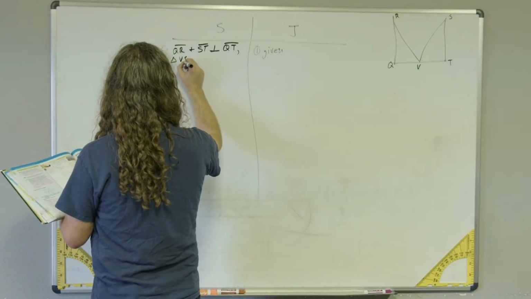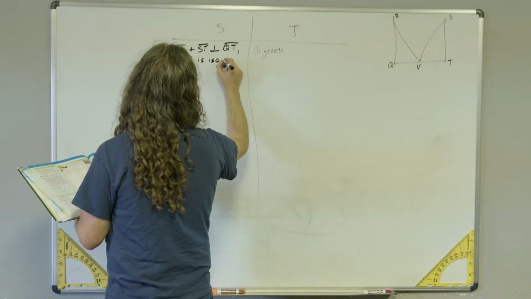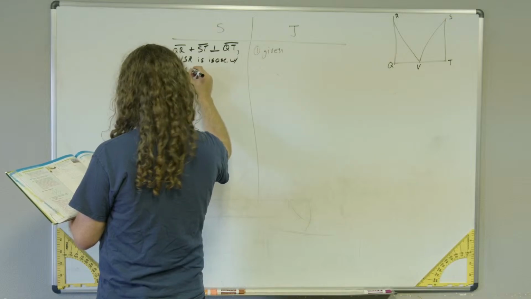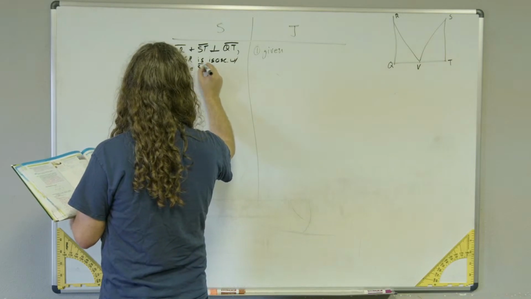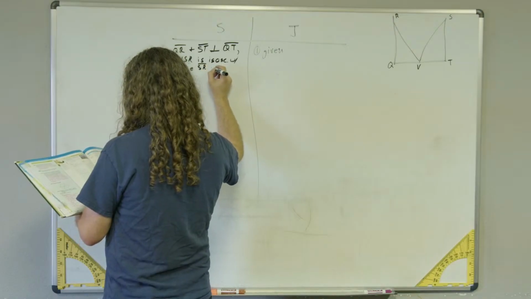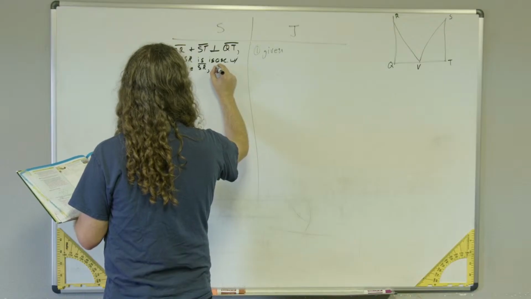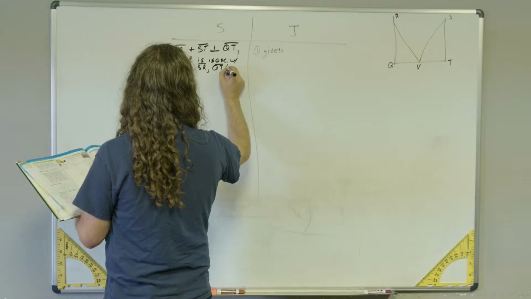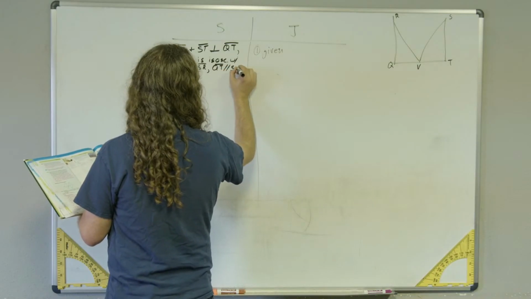Triangle VSR is isosceles with base SR, and QT is parallel to SR.